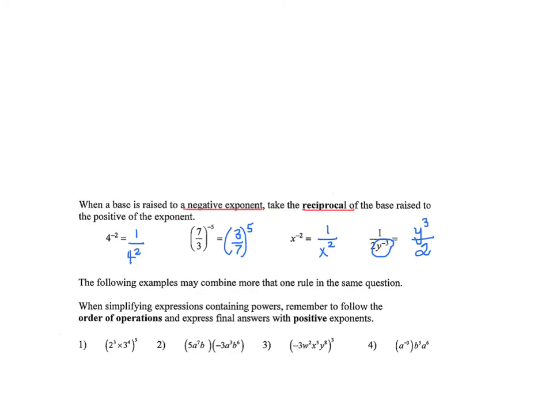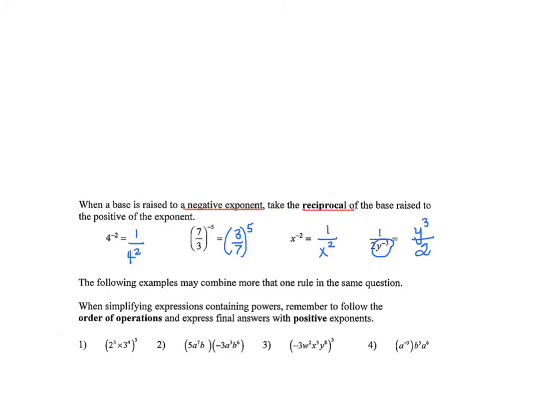So that would be the same as y cubed over 2. So basically, if the negative exponent is in the numerator, move it to the denominator to make it positive. If it's in the denominator, move it to the numerator, make it positive.